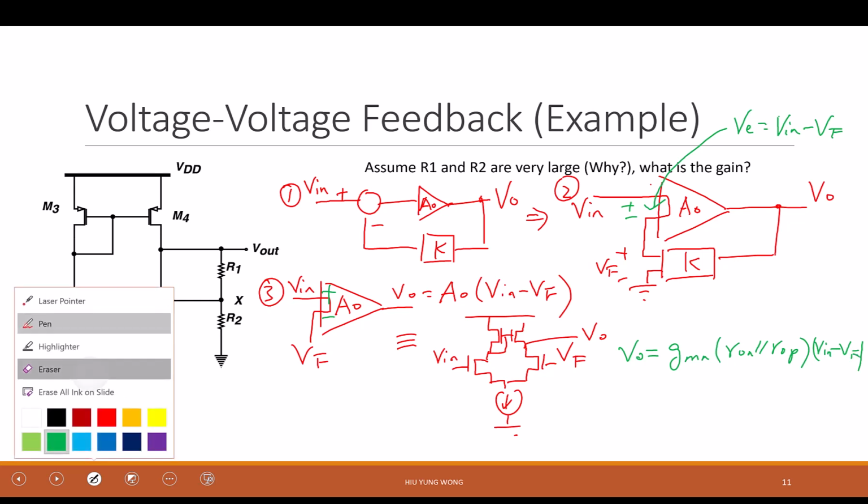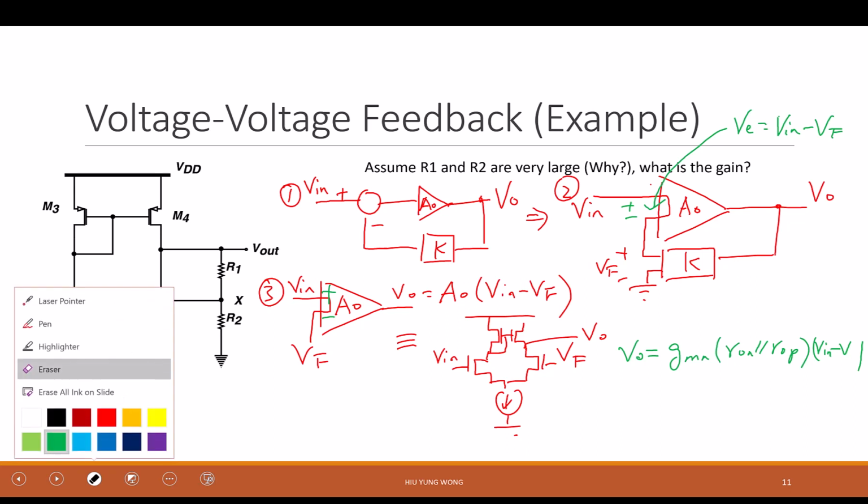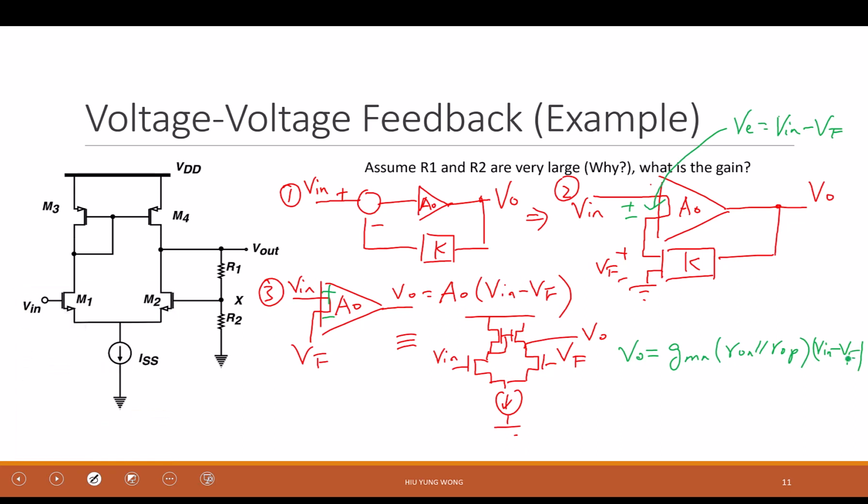Remember this? It's very similar to a common source amplifier, but it's differential and it's single-ended, right? So isn't it that this achieved the goal of comparison and also forward amplification? Any question?